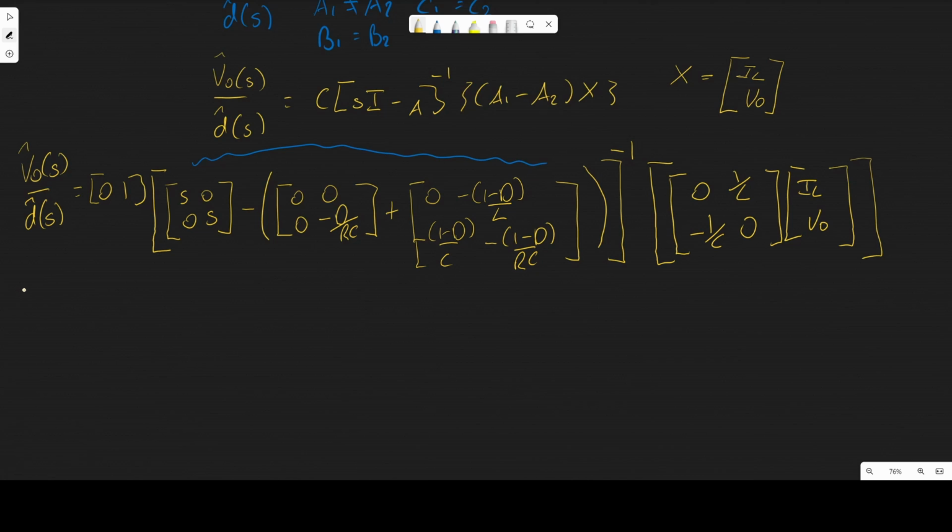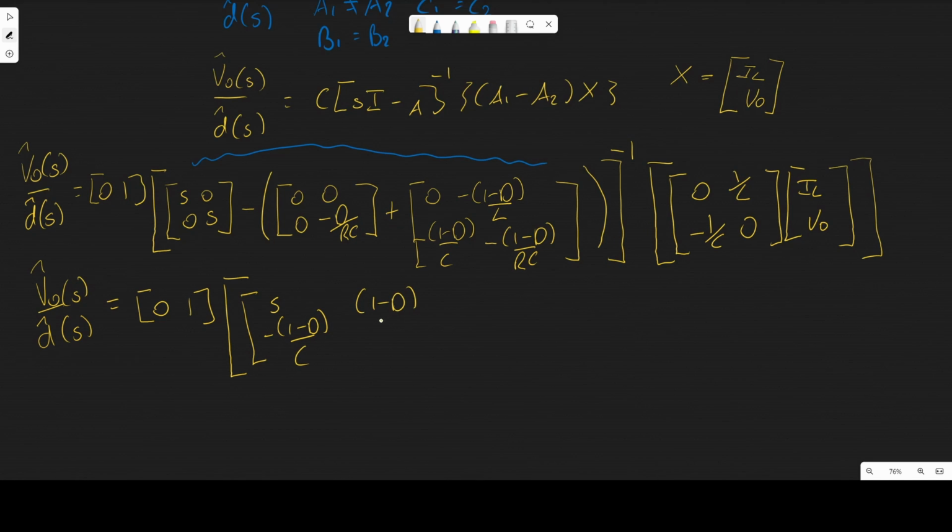That would be V out hat over D hat equals 0 and 1, s minus 1 minus D over C, 1 minus D over L, and s plus 1 over RC.